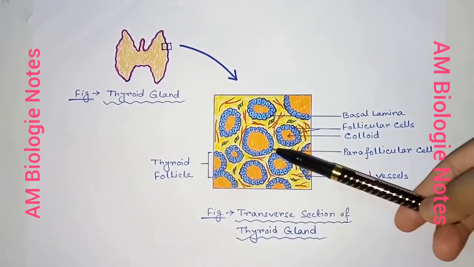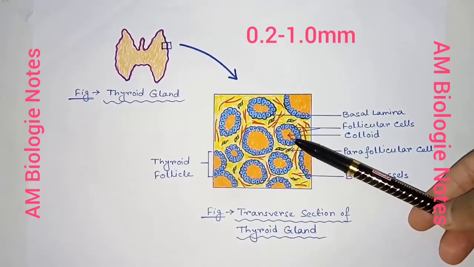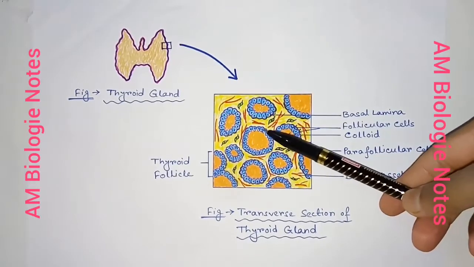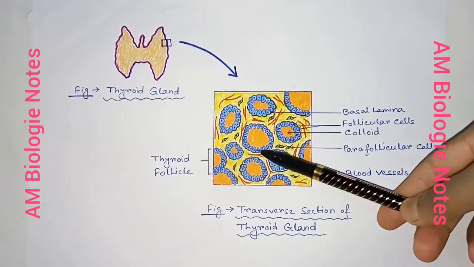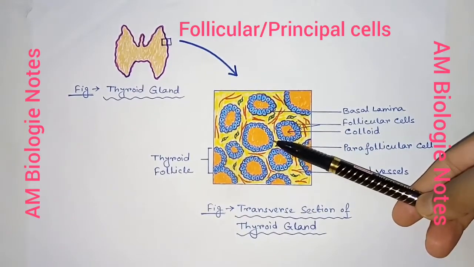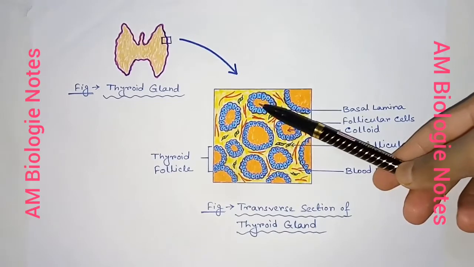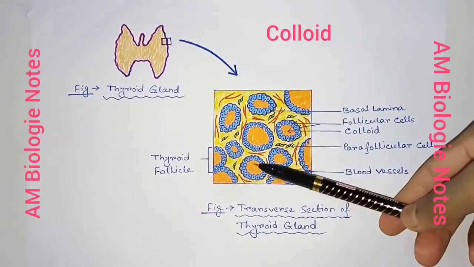The diameter of the follicle is about 0.2 to 1 millimeter. The follicles are lined by a single layer of epithelial cells known as follicular cells, and in the middle of each follicle there is a gel-like mass known as colloid.